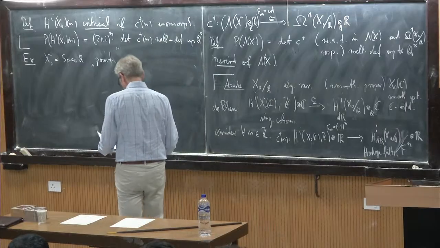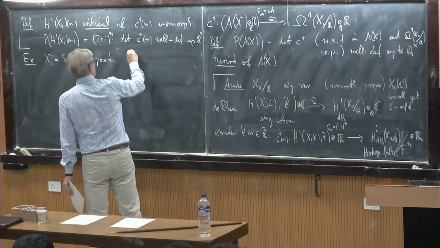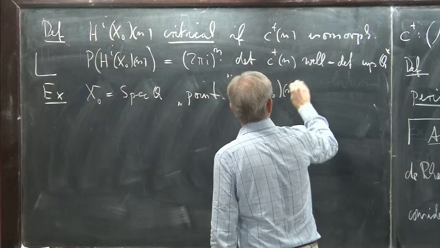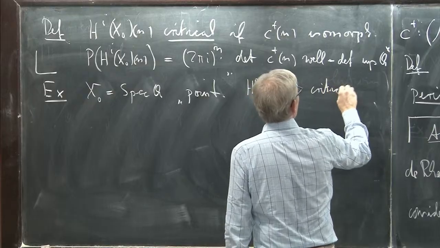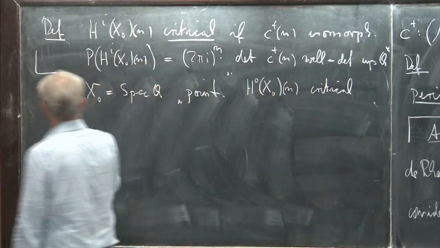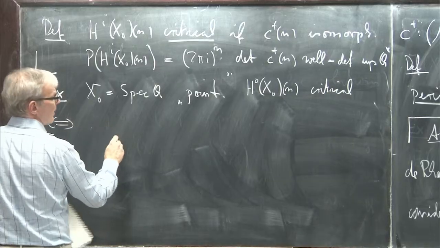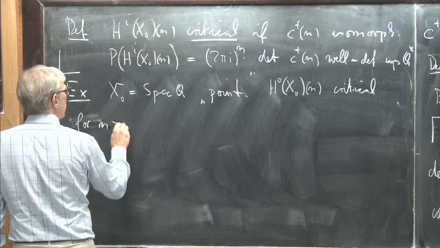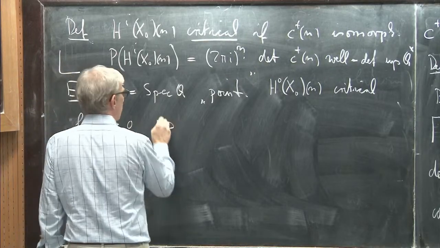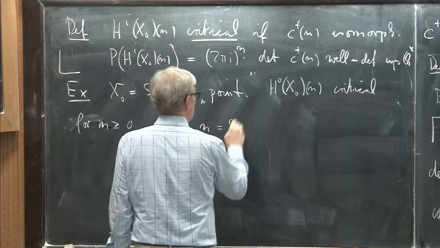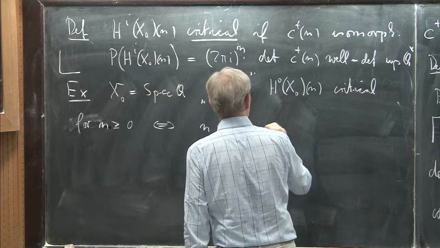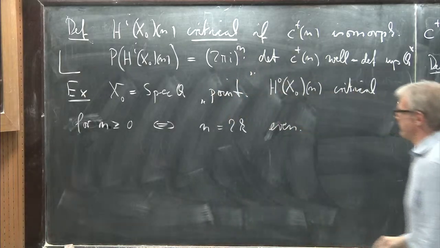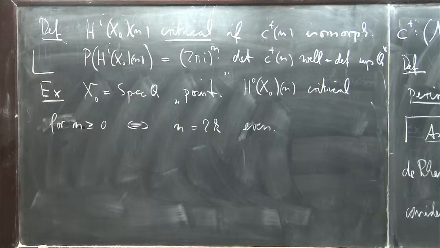And if you do this, you have not so much cohomology, but then the H0 space is critical if and only if, for n bigger or equal to 0, n is even. I wanted to say even.